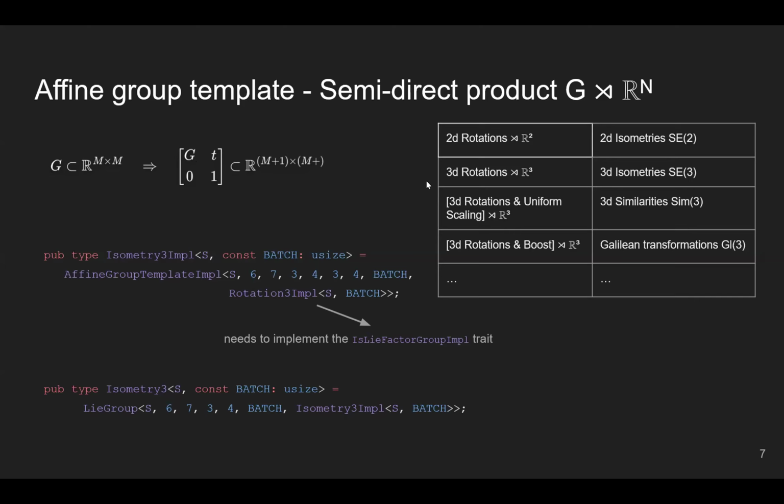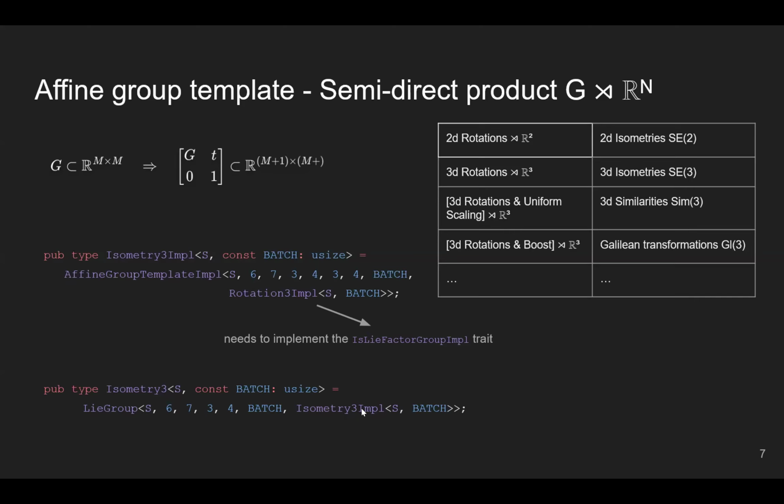This way you turn rotations into isometries, or you can turn them into similarity transforms. Basically, you can add translation to your Lie group. It's done in a way that the affine group template is implemented once, and then the isometry is just an instantiation of the Lie group with that template.